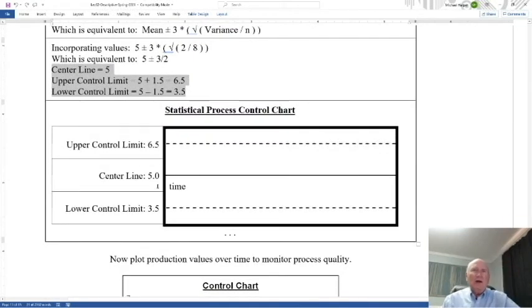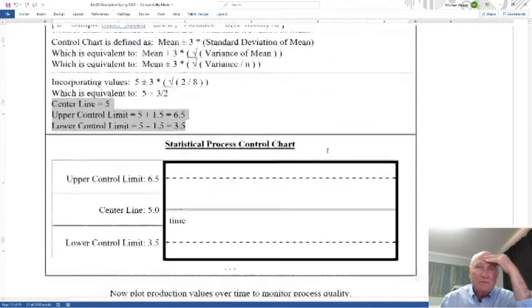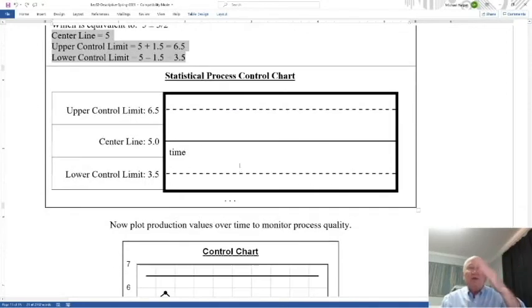So it says, I want to do a line chart. But the line chart is going to be plotting the values to where if the values go above 6.5, I'm above 3 standard deviations of this center line, of the mean of this sample here. If it goes below 3.5, I'm below 3 standard deviations of the mean.